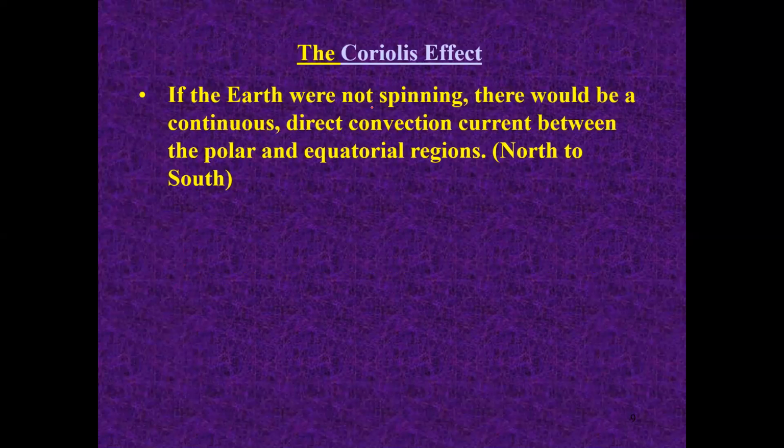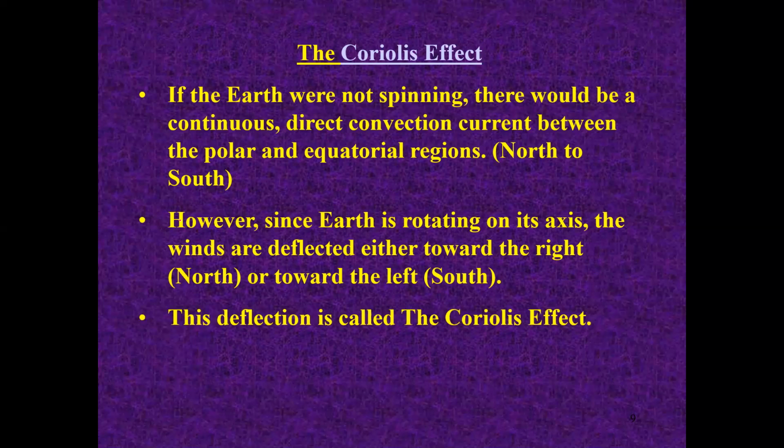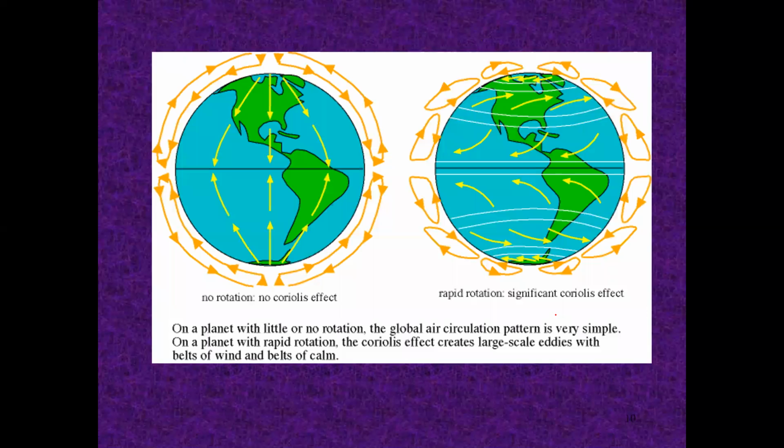Coriolis effect. If the Earth were not spinning, there would be a continuous direct convection current north and south. However, since Earth is rotating, the winds are deflected either toward the right or the left. The deflection is called the Coriolis effect. So in this first case, no rotation: we just go up, convection, it cools, it goes down.